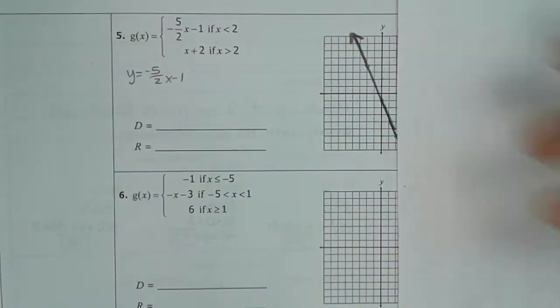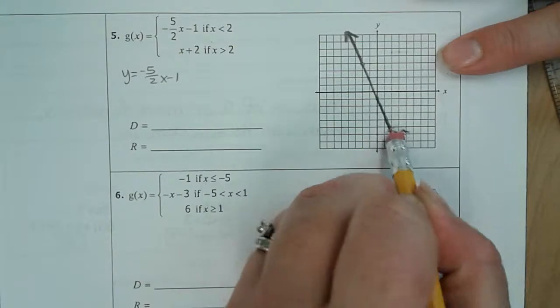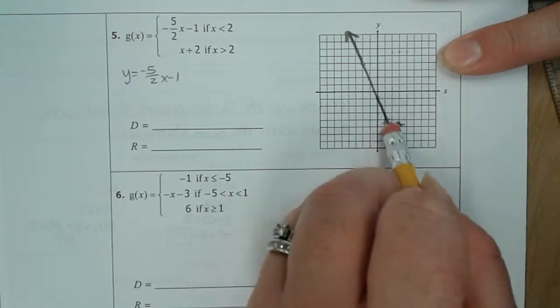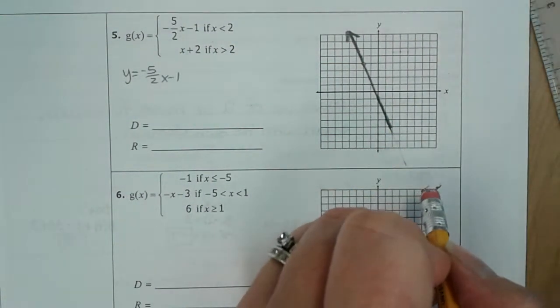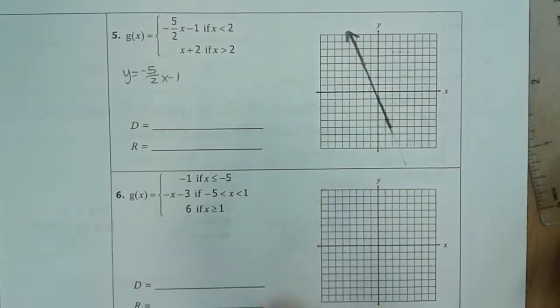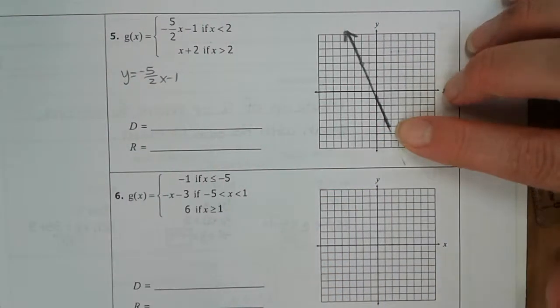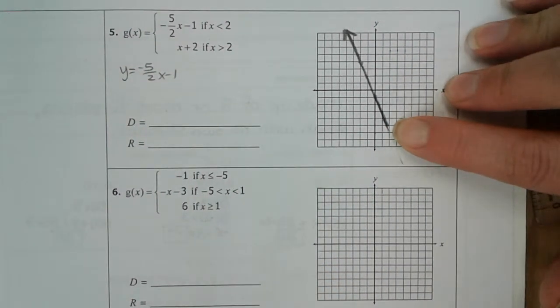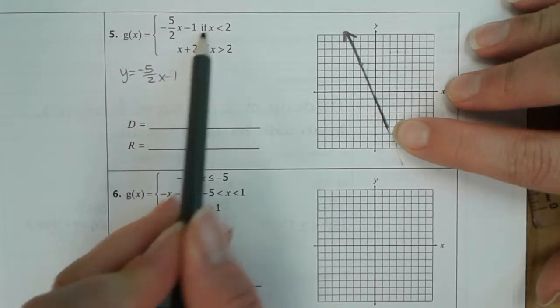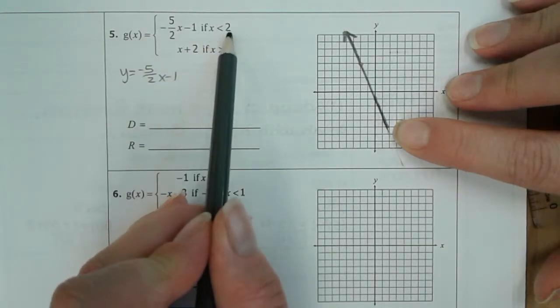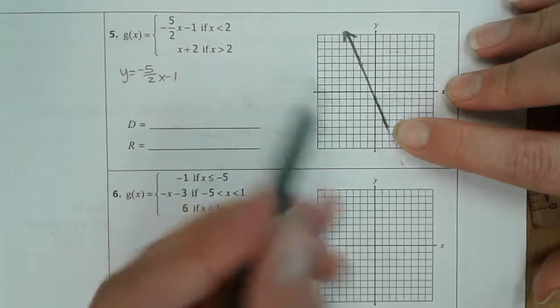And then we erase the part that we don't want. So we erase that part and we just want to go right up to where x equals 2. But for this one, we are not including 2 in it. It says for x less than 2, but not for x equal to 2.